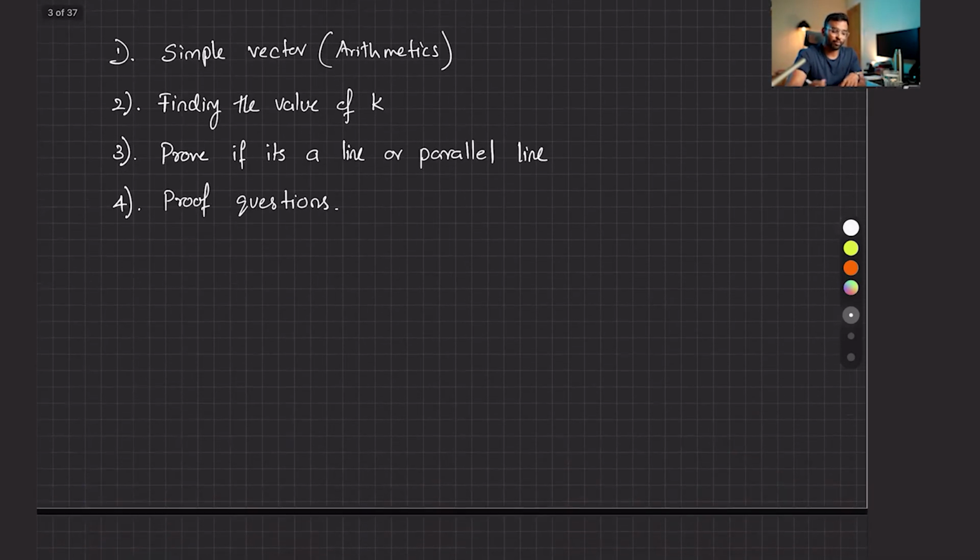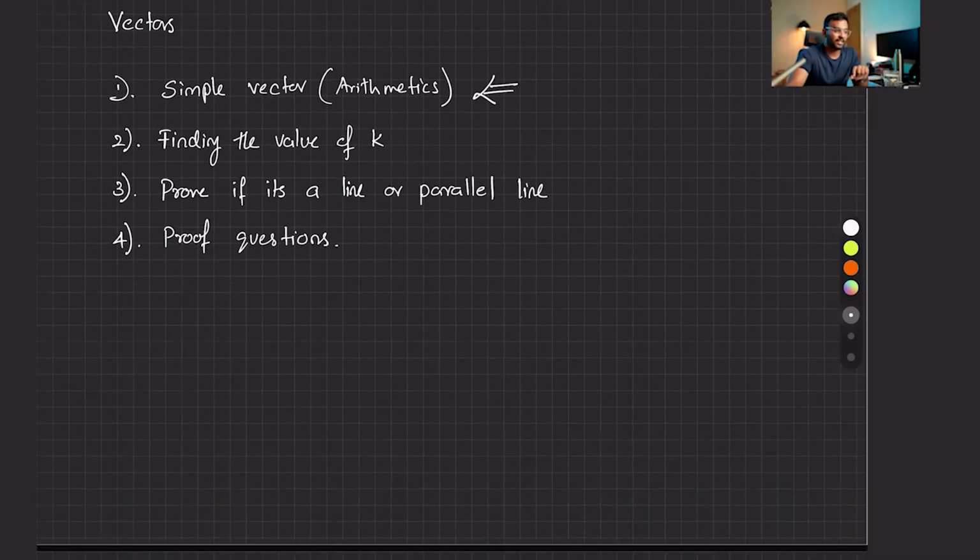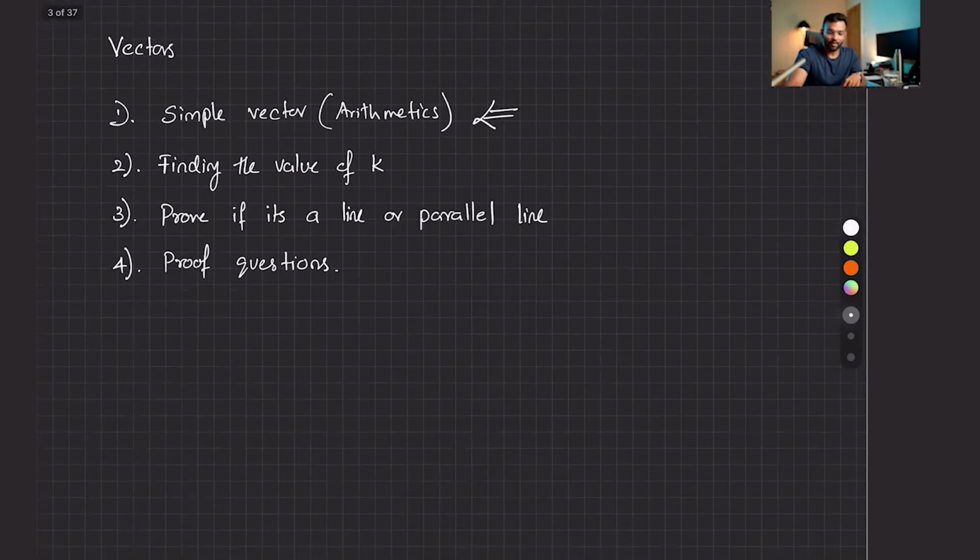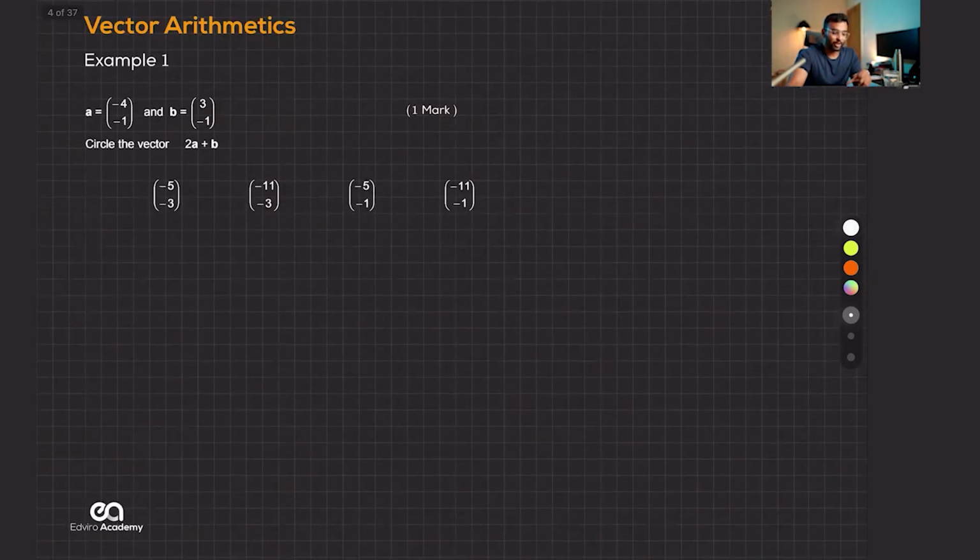So when you look at vectors, we're looking at simple arithmetic, which is pretty simple. What does arithmetic mean? Addition, subtraction, multiplication, division. And when you have vectors, it is usually represented as what we call a column vector, X coordinate and Y coordinate.